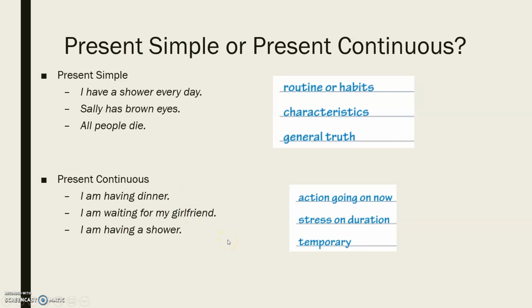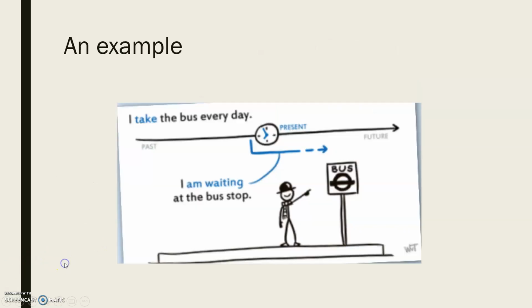As said before, typical adverbs which signal this are, for instance, right now, at the moment, while I'm having dinner, I'm watching TV, for instance. So these are typical adverbs which signal the present continuous rather than the present simple. Let's have a look at this final example, which may help you to understand the difference between present simple and the present continuous.